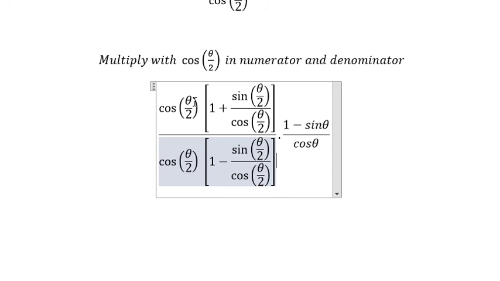So cosine theta over 2 multiplied with number 1, and cosine theta over 2 multiplied with sine theta over 2 over cosine theta over 2. You will get cosine theta over 2 plus sine theta over 2, similar for this one.